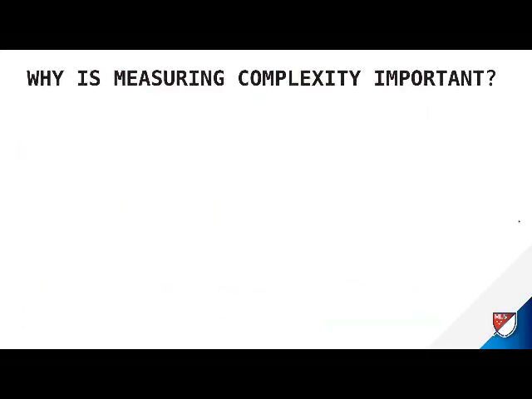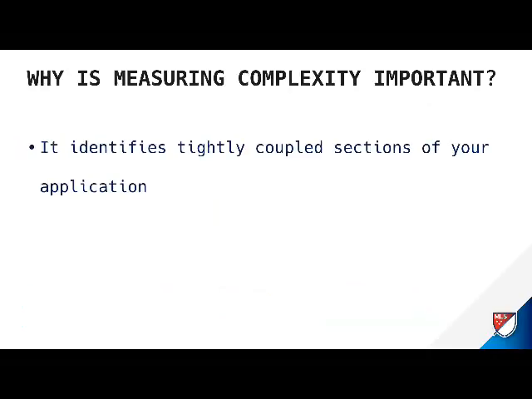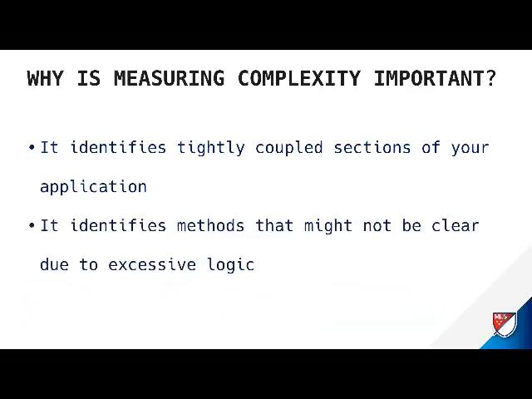So why is measuring complexity important? I think we've covered it pretty well, but just to recap, it identifies tightly coupled sections of your application. All right, so things that talk to each other too much. It identifies methods that might not be clear due to excessive logic, right? So a lot of statements, it calls 15 other methods inside of itself. Just very hard, again, to hold in your state.